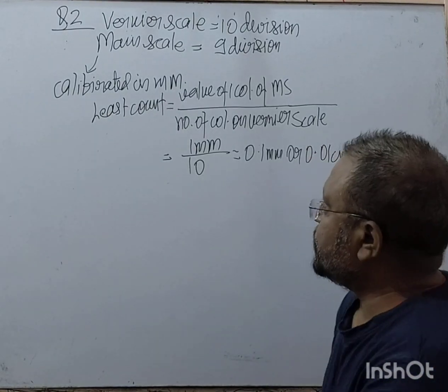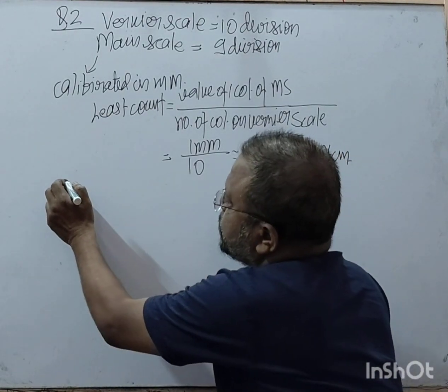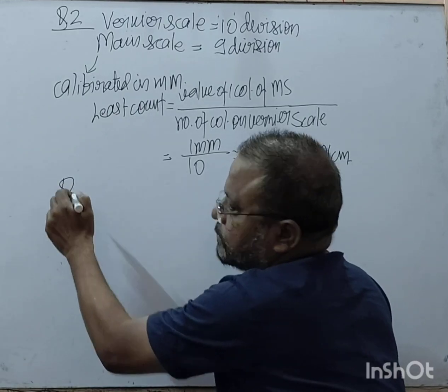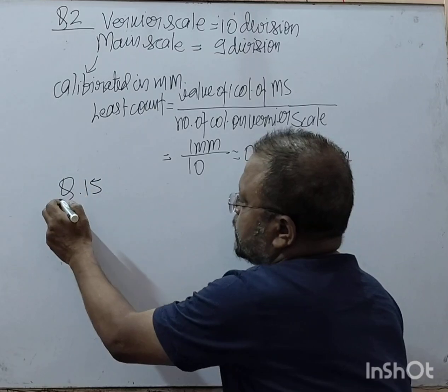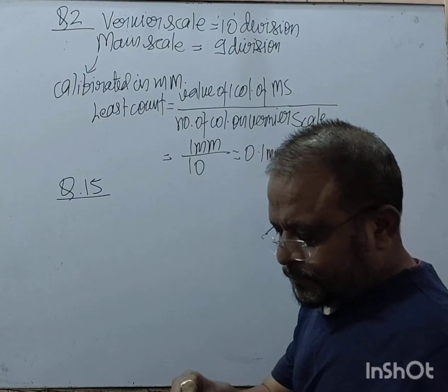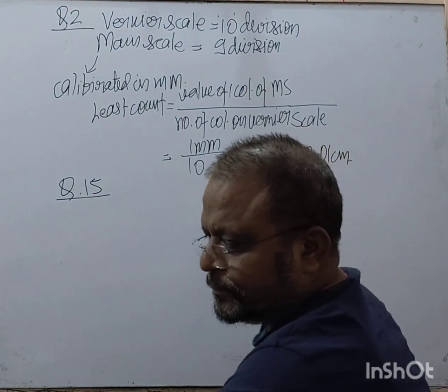Go to the last question you have. Question number 15. What is that? A screw gauge has a pitch equal to 0.5 mm.